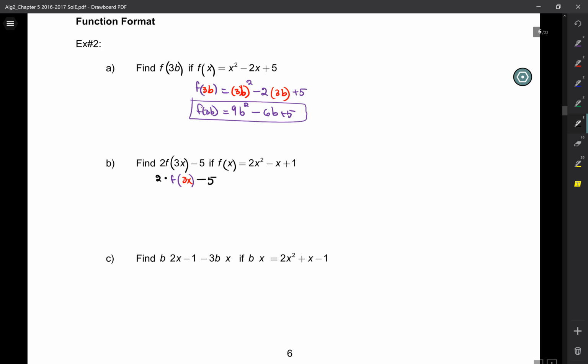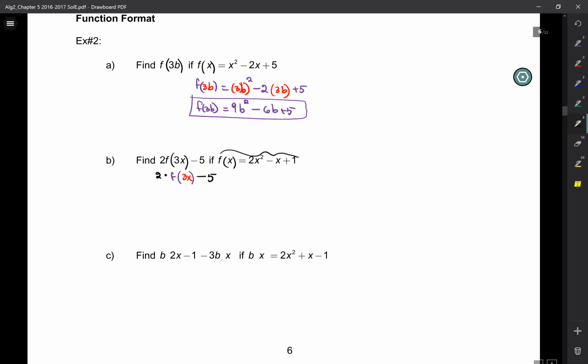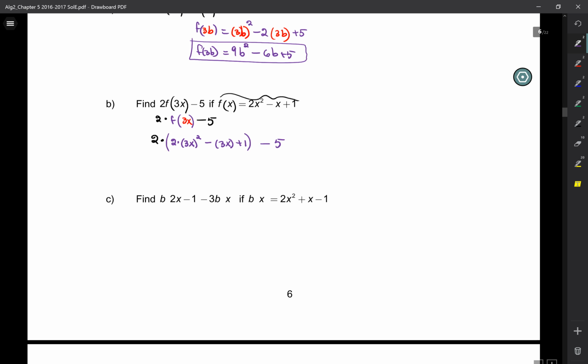Okay, so f of x is this function here. So this is 2 times, well, what's f of 3x going to be? 2 times 3x squared minus 3x plus 1. Minus 5 outside, right? Okay, so now let's simplify.